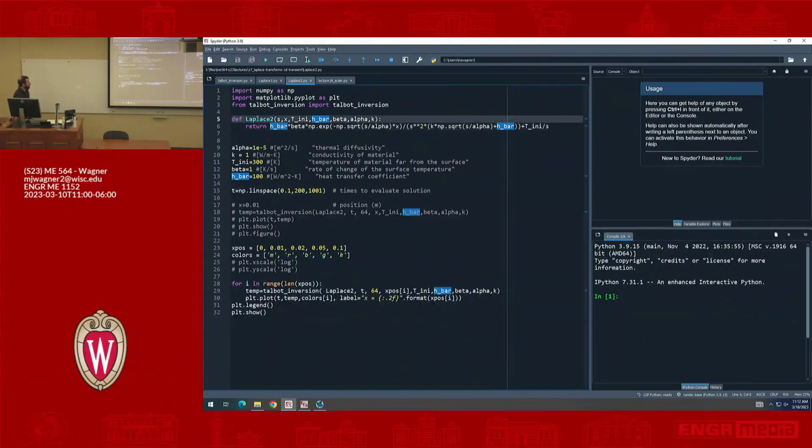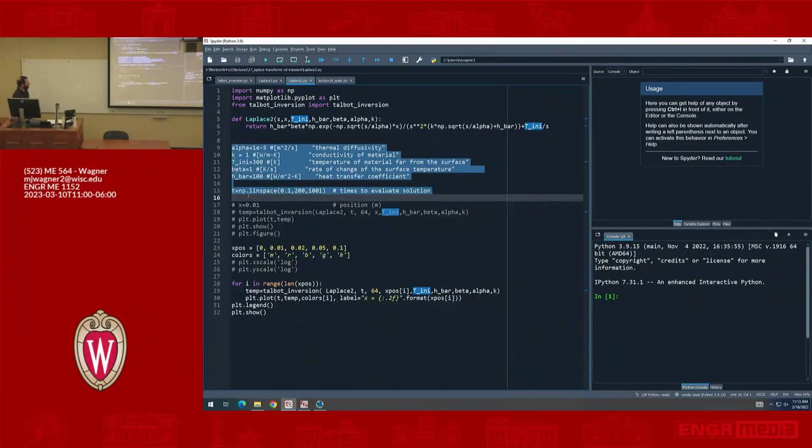My Laplace transform function again has to take s, and then it takes a bunch of other stuff related to my function that I need to evaluate it. So here I need a position, x, and then all these other constants. As far as this function is concerned, I'm going to evaluate this at a given x, so x is basically a constant. Here's the problem information. I'm setting up a time vector.